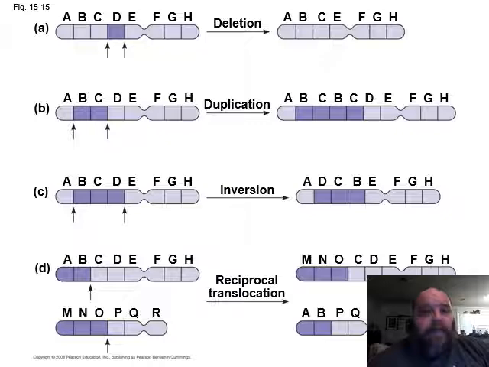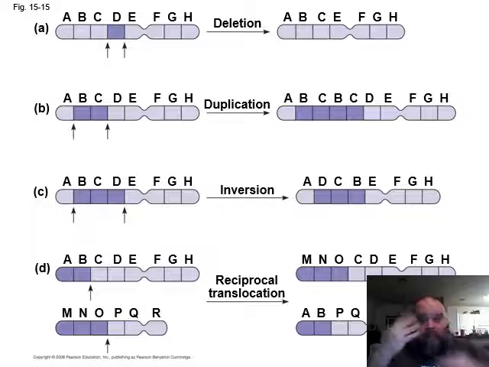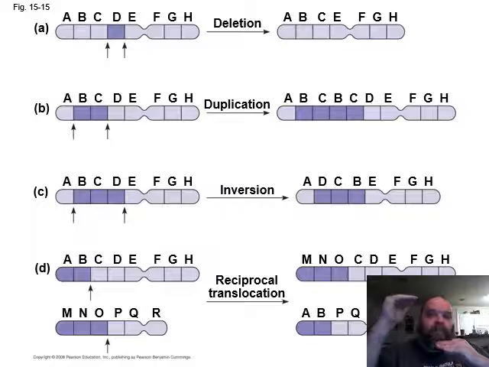A, B, C, D, E becomes A, B, C, B, C, D, E. Well, whatever BC is, hope it's not something that has to be kept at a certain threshold level, because since you now have two copies on this one chromosome, three total, because you have to remember the homologous chromosome, you're now going to have an increased level of those genes expressed.